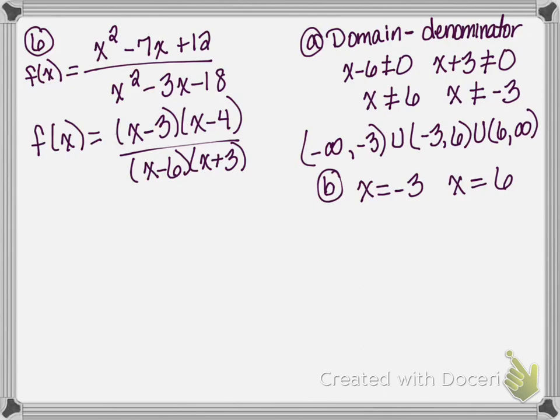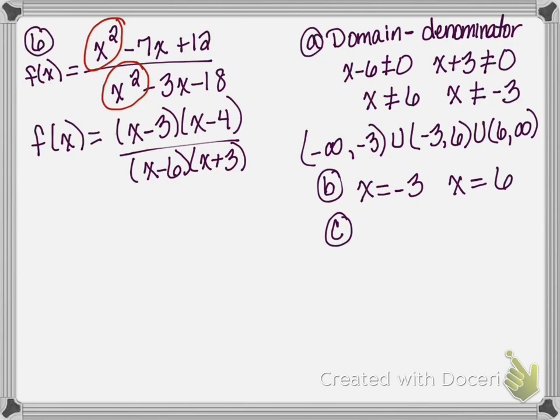Okay? Now I need my horizontal asymptote. My horizontal asymptote focuses on the relationship between these two right here. What degree is my numerator? What's my highest exponent?